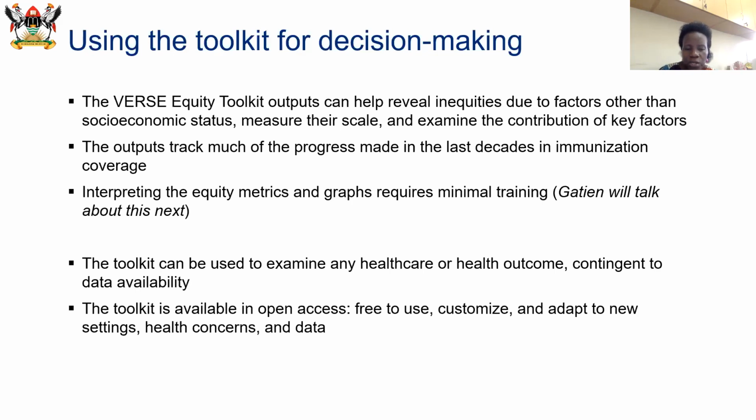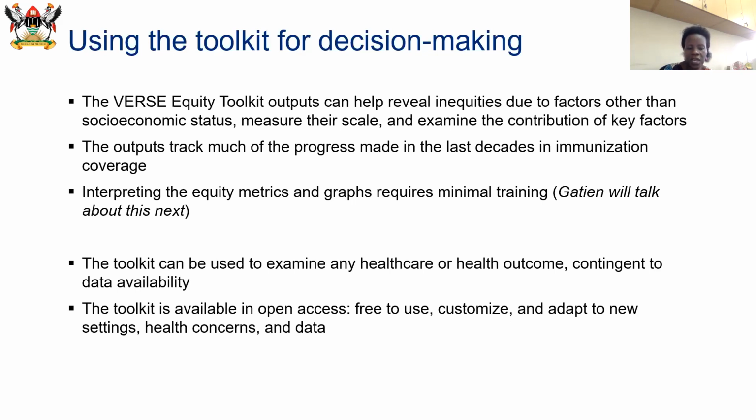The fact that the toolkit is available in open access, it's free to use, it can be customized and utilized in different settings, again, is very important, especially in low-income countries like ours, because it means that people can be able to access this. Policymakers and implementers can very easily do that.